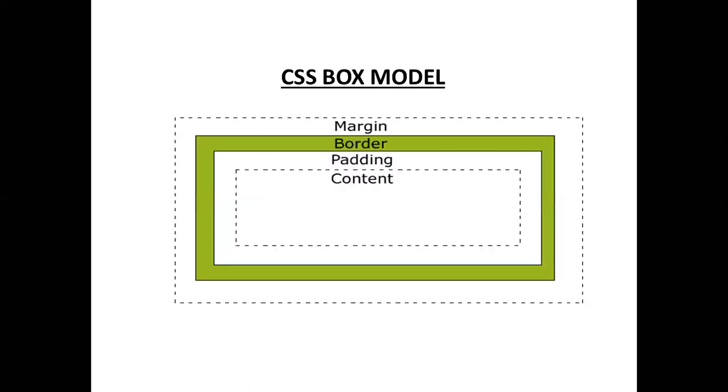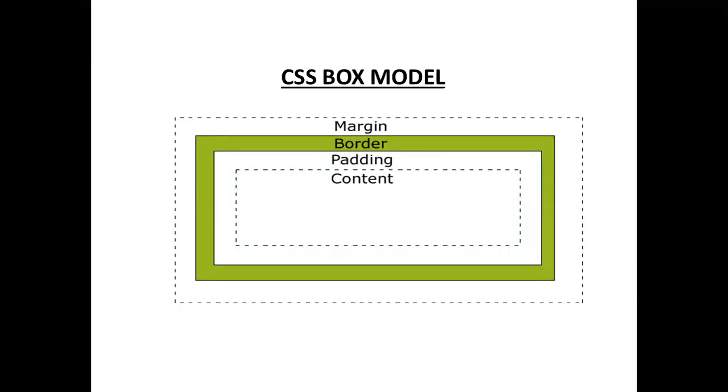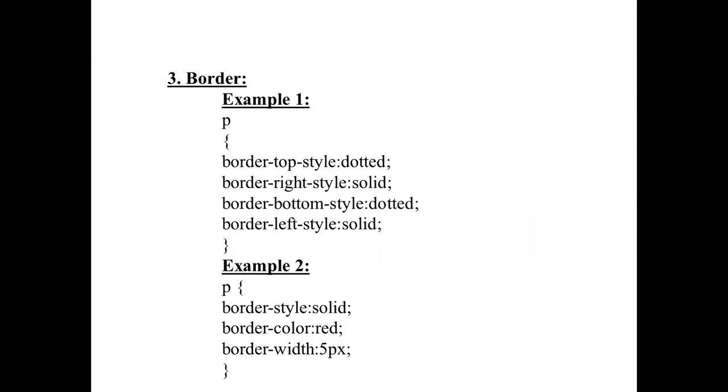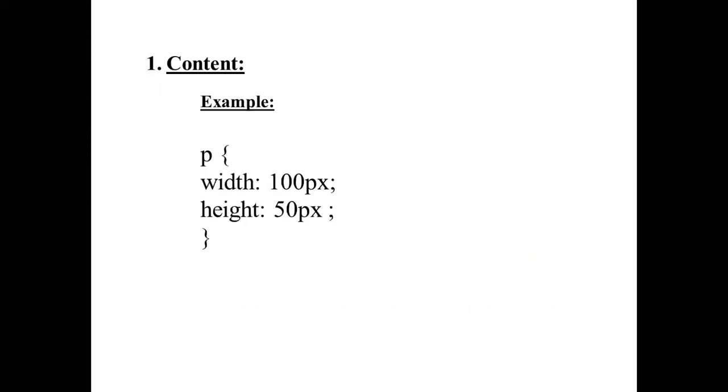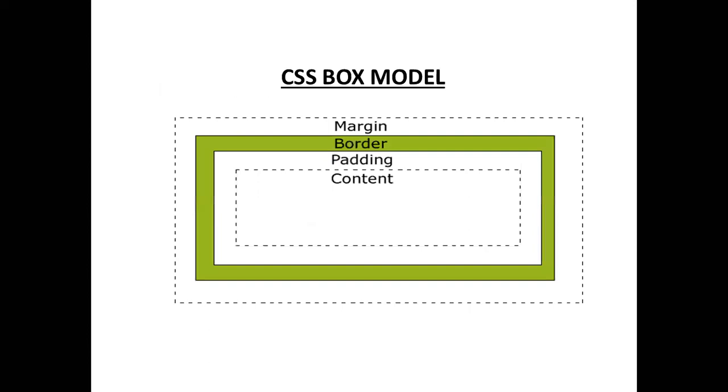So this is the CSS box model, CSS span and div tags, and background image. Now we see practical examples of the CSS box model, div tag and span tag, and background image. Once again I repeat, the CSS box model is used for layout and design.